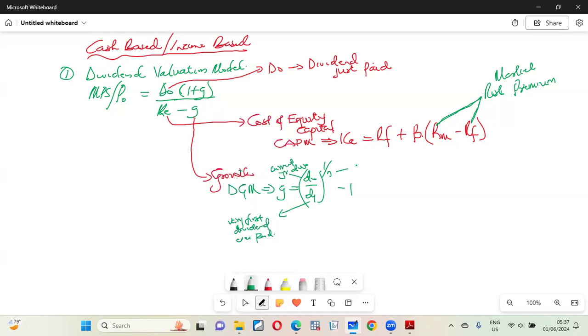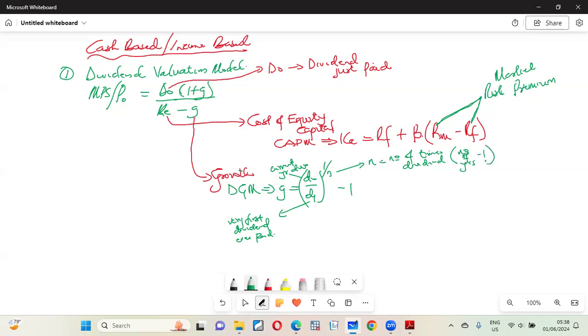But what is N? N is the number of times the dividend is growing, which in simple terms is the number of years minus 1.